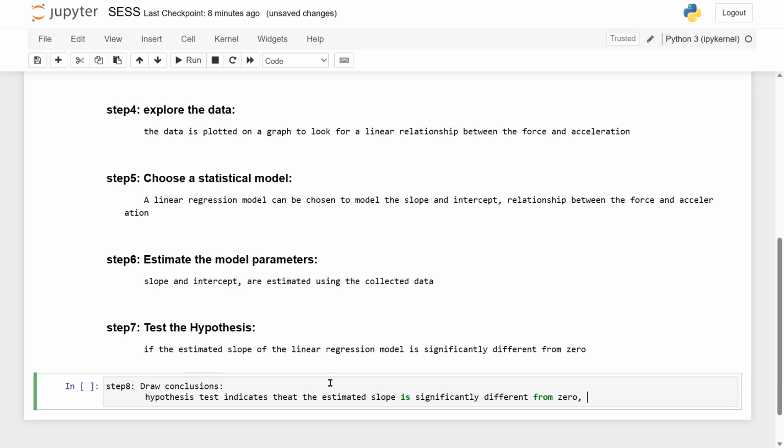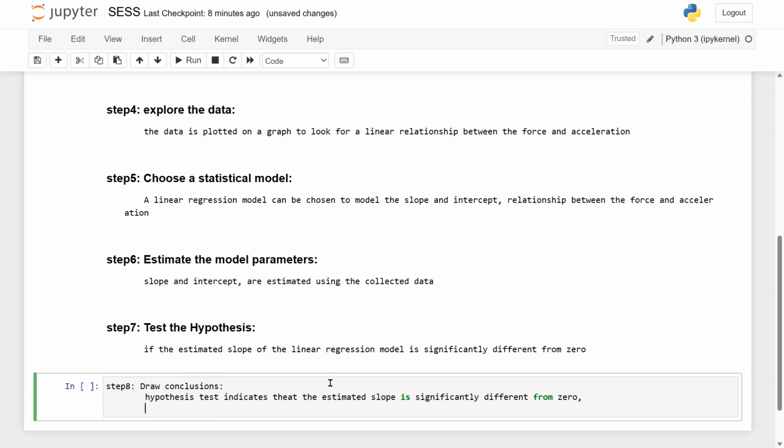So it can be concluded that there is a significant linear relationship between the force and acceleration. That's how Newton came to a conclusion.